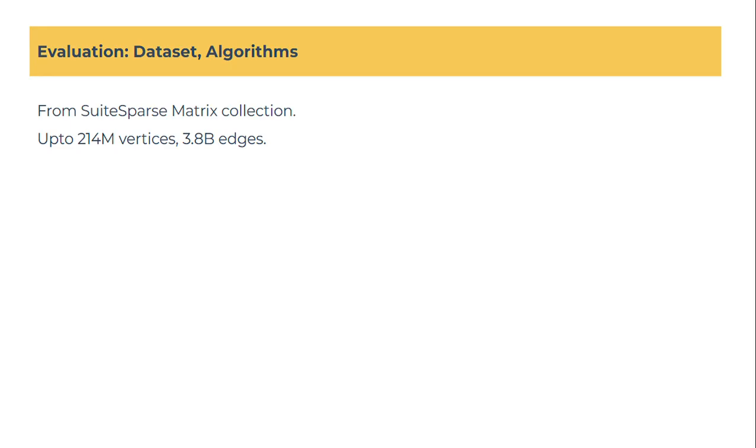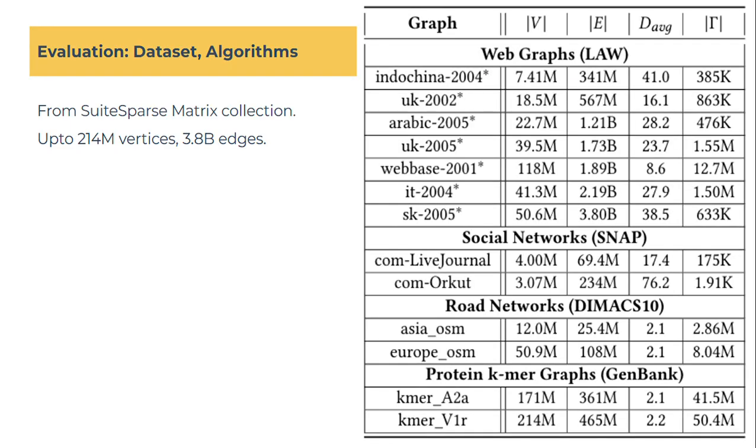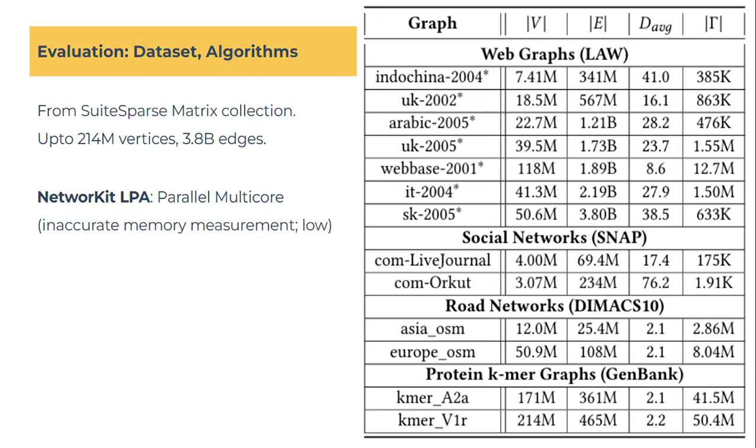We use the same dataset as earlier, and we compare with NetworKit LPA, which is a parallel multi-core implementation. But here we are unable to accurately measure the memory usage of the algorithm because of the way it allocates memory.